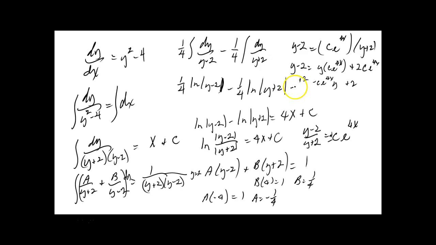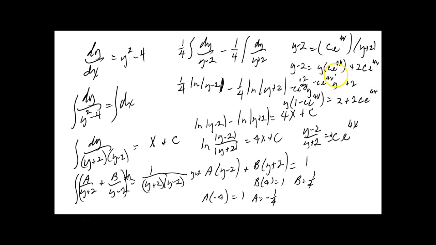So that gives you, factor out the y's, and that gives you (1 minus c e to the 4x) y, and this is equal to 2 plus 2 c e to the 4x.